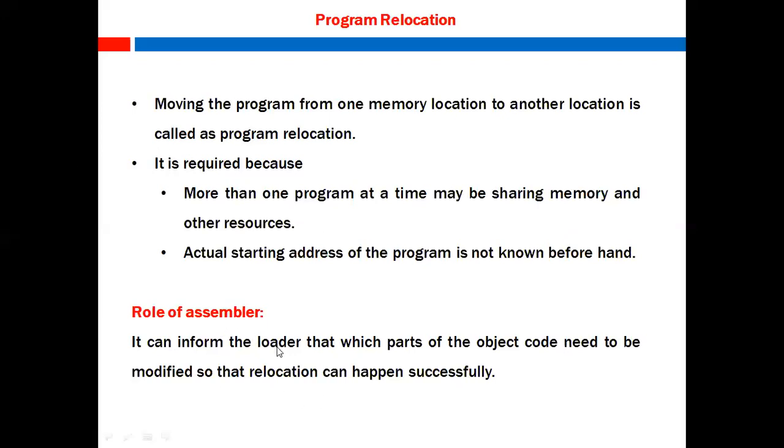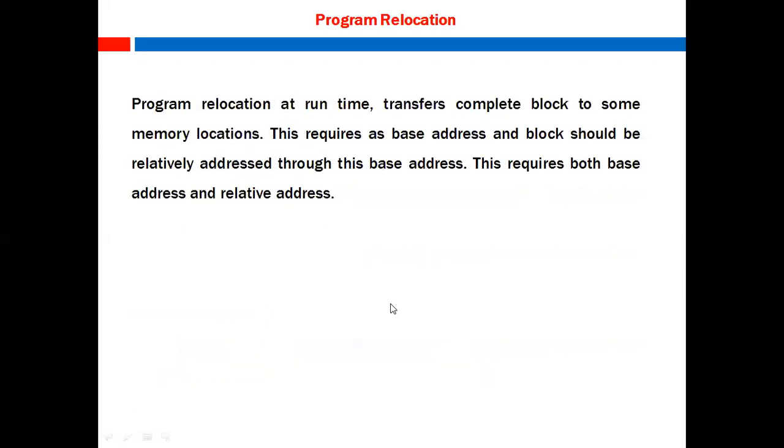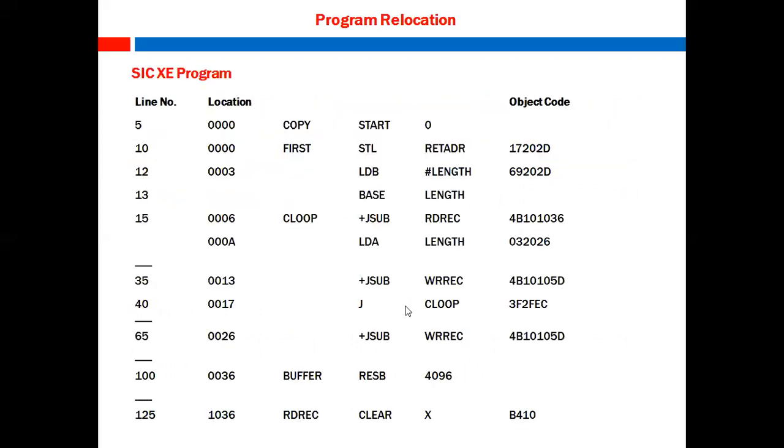That information can be given to the loader by the assembler. Program relocation at runtime transfers the complete block to some other memory location, and this requires a base address, and the block should be relatively addressed through this base address. So for program relocation, it requires both the base address and the relative address.